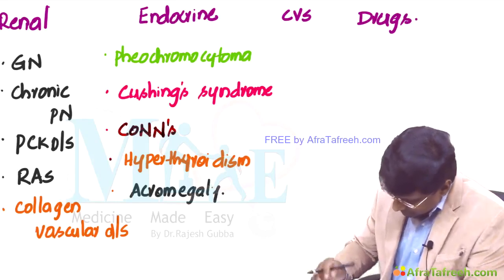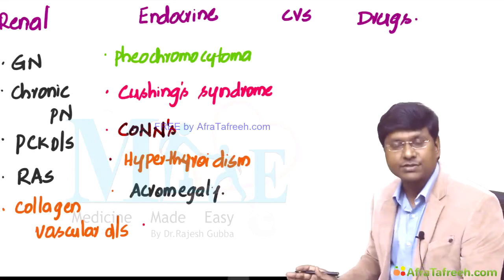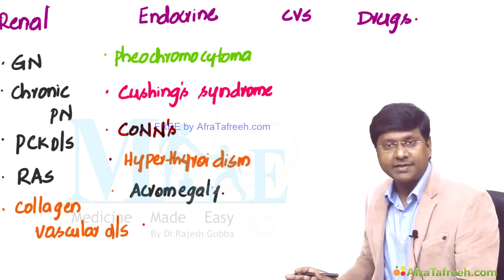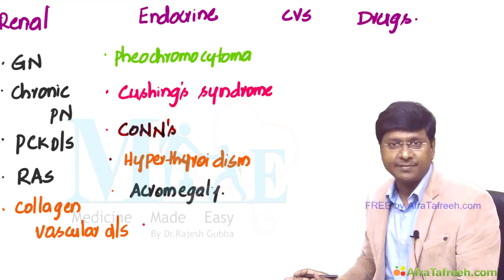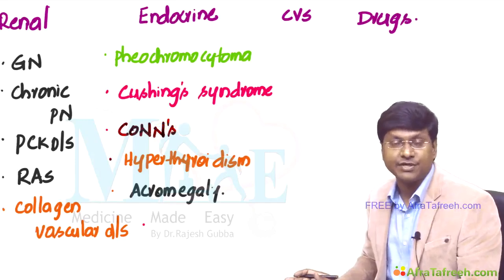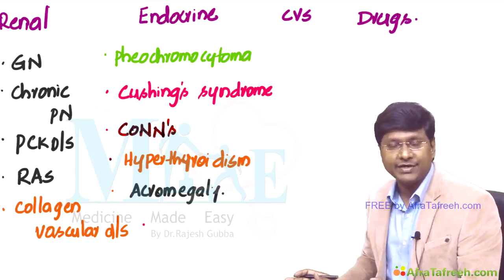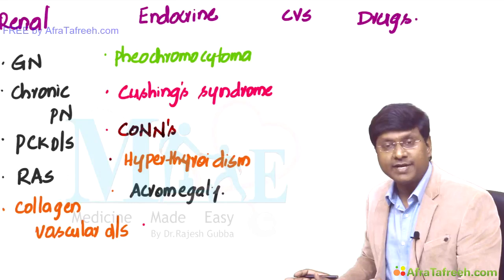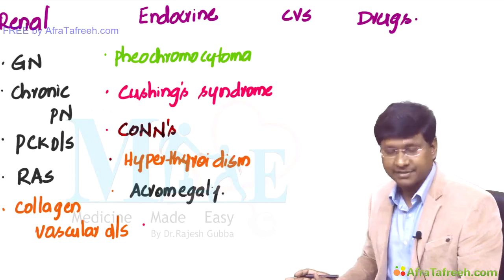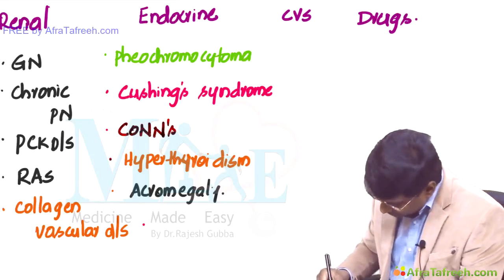Alright, next. A point that you should remember is, not only in hyperthyroidism do you have hypertension, even in hypothyroidism you have hypertension. But in patients with hypothyroidism, you have what is called diastolic hypertension. In hyperthyroidism, it is systolic hypertension, whereas in hypothyroidism, it is diastolic hypertension. So, remember this point here.